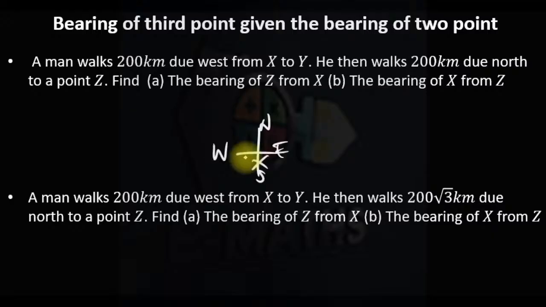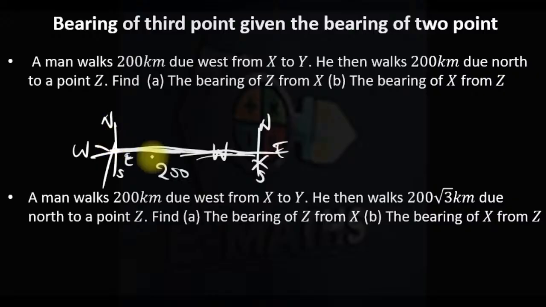Started from X and moved in a straight line to point Y, 200 kilometers, and then moves north to Z. He then walks 200 kilometers again to Z, and we're asked to find the bearing of Z from X. So we need to connect Z.